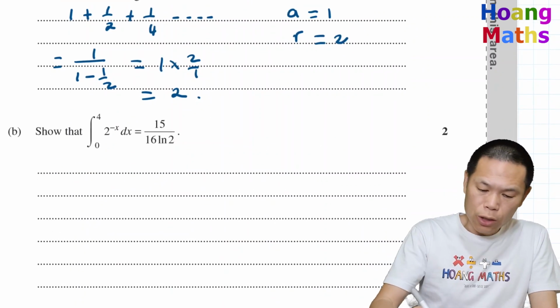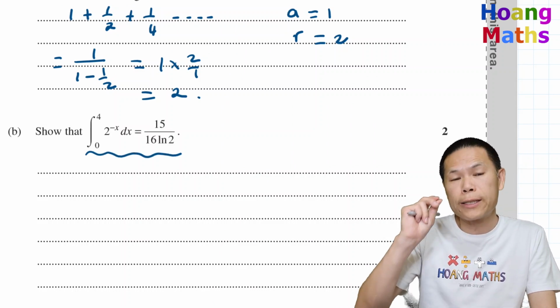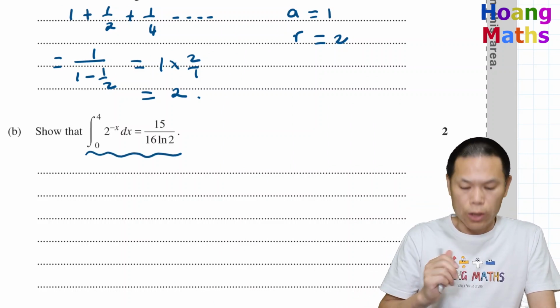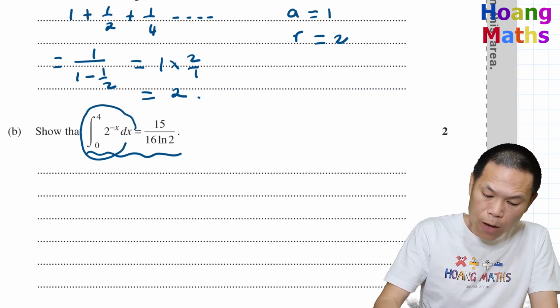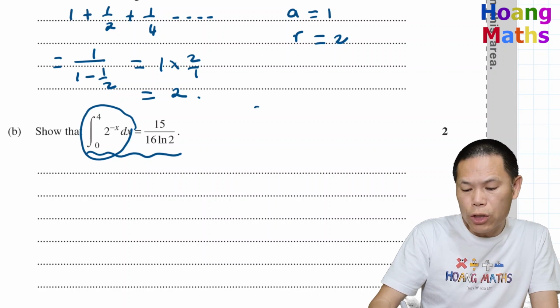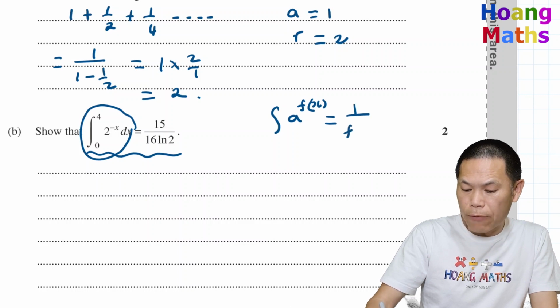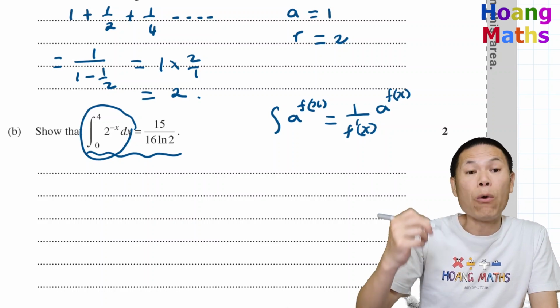Part B. We need to show that this is equal to 15 over 16 ln of 2. This is the area of the function between 0 and 4. First of all, we need to know that the integral of a to the f of x is 1 over f dash x times a to the f of x, divided by ln of a.